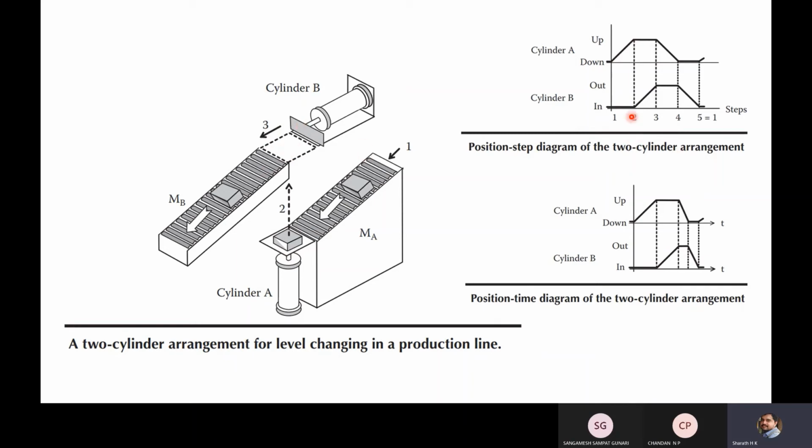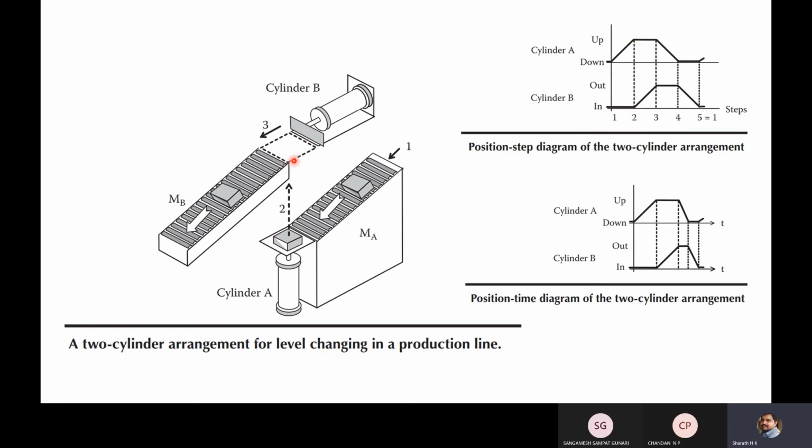Next step, cylinder A will be in the extended position only. Next, cylinder B will come out, it will have extension stroke. That is the representation. When this is having extension stroke, cylinder A will remain in the same extended position.